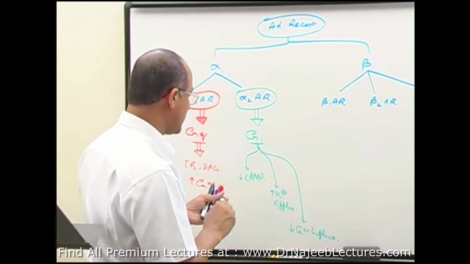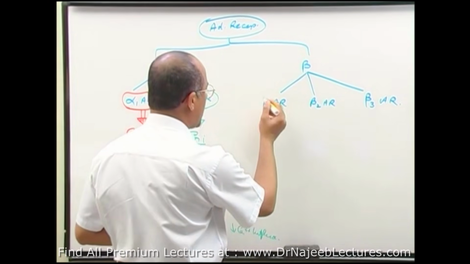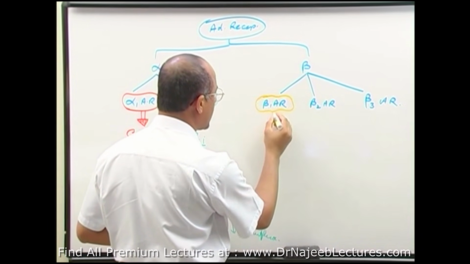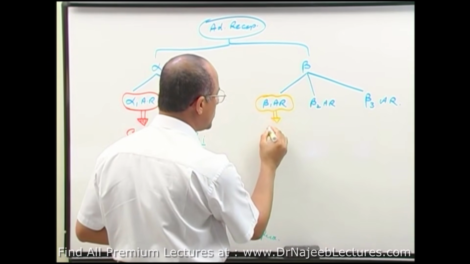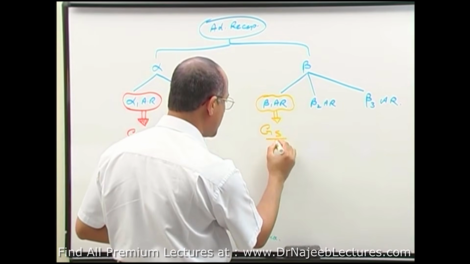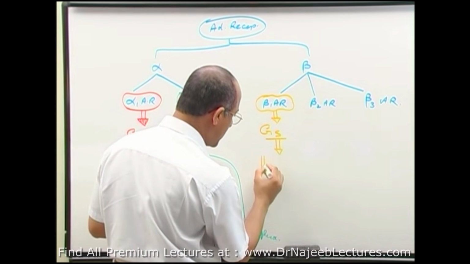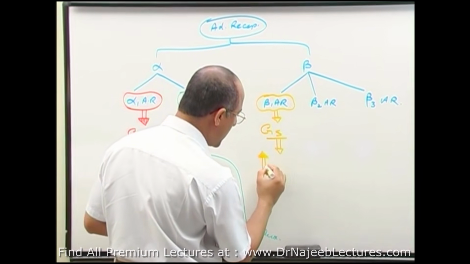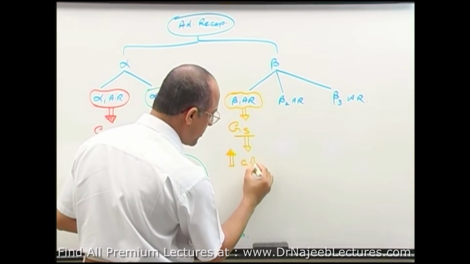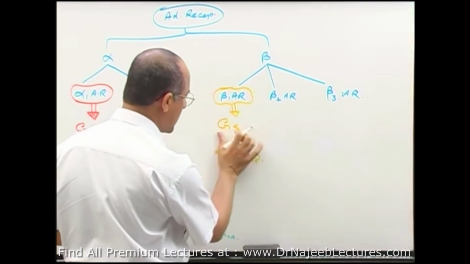Now we come to beta 1 adrenergic receptors. Beta 1 adrenergic receptors are intracellularly coupled with G stimulatory. And what will be the result? In the cell, there is increased intracellular cyclic AMP level. Plus, it has one more thing.